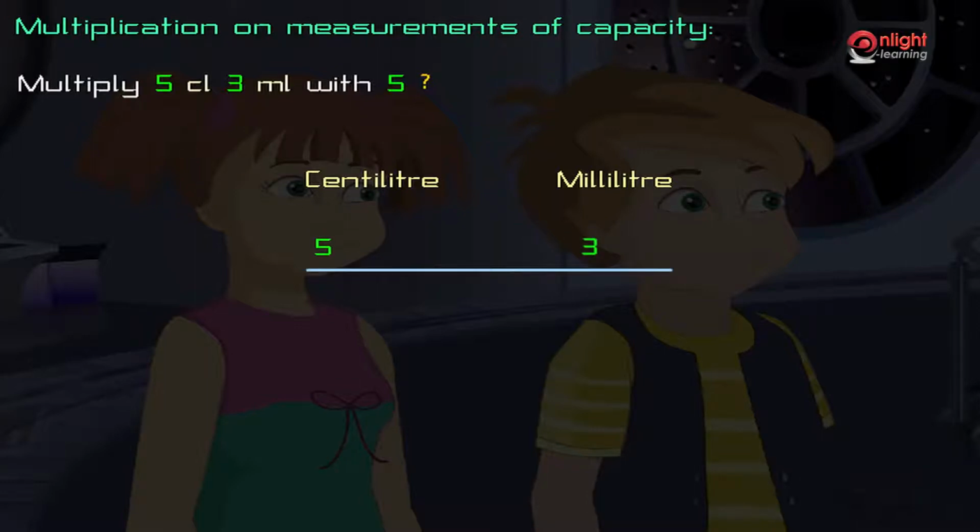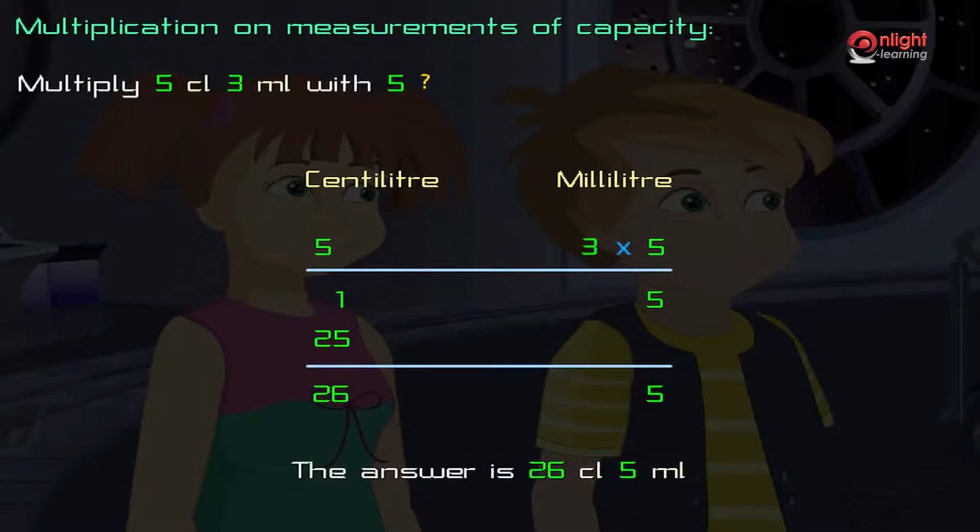Multiplying from the right, first we multiply 3 with 5, which gives 15 milliliters. 10 milliliters equals 1 centiliter. Hence, carrying 1 to the left and keeping 5 in the milliliter column, in the centiliter section, we now multiply 5 with 5, which gives 25, and adding 1, we get 26. Hence, the answer is 26 centiliters 5 milliliters.